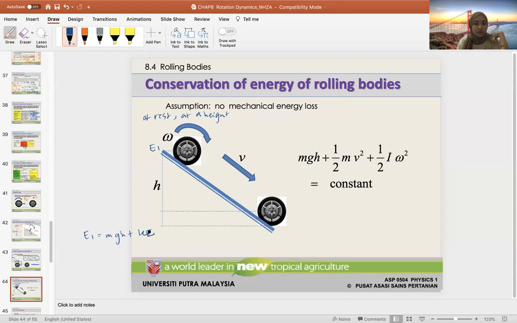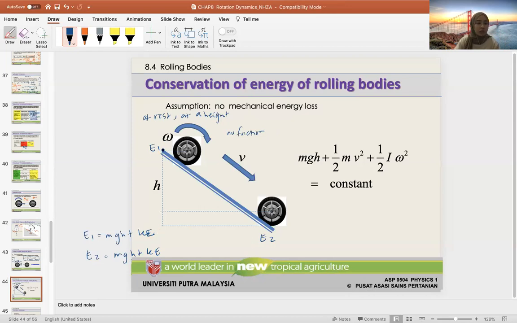Based on the conservation of energy, the energy at E1 should be equal to E2. E2 should also be mgh plus ke. We assume there is no friction now. So the energy is conserved without non-conservative forces acting on the object or the system.